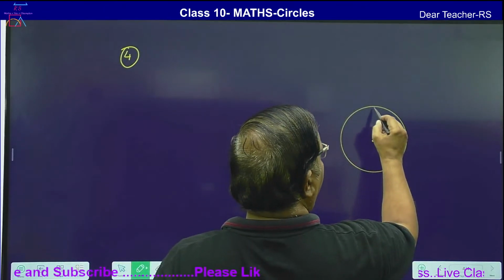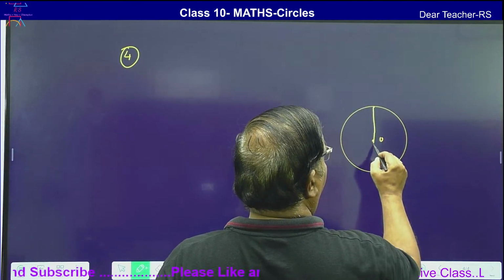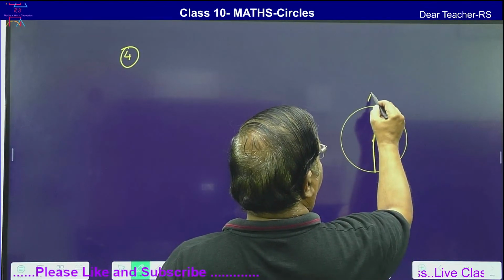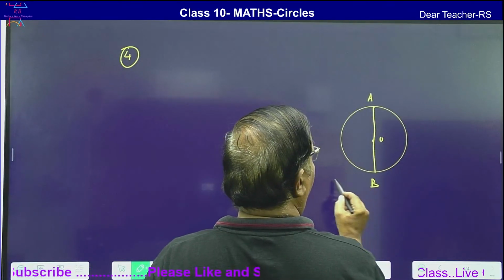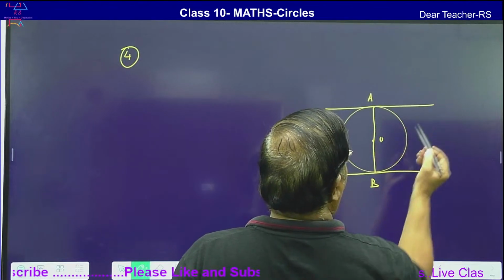You draw one diameter. AB is the diameter, and draw one tangent here, one tangent here.